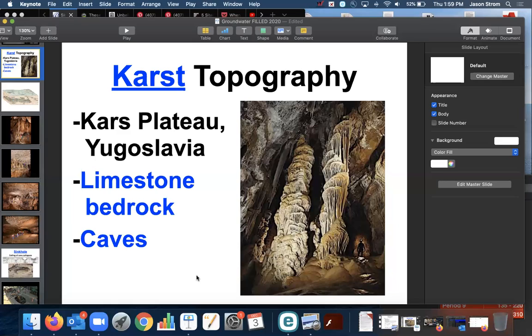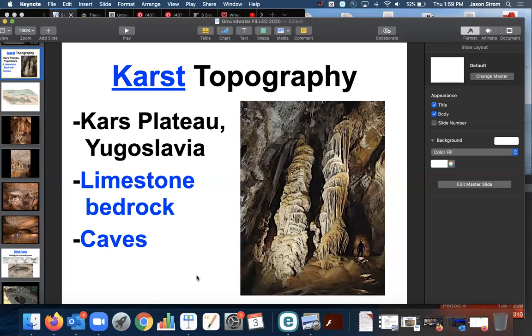Calcite's the mineral that basically glues together limestone. Calcite's a mineral that will dissolve in acid. So if limestone is exposed to an acid, it will dissolve limestone. You may be asking yourself, where's limestone going to come into contact with acid? I'm glad you asked.